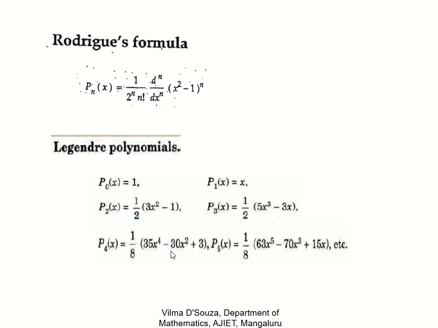So these are called Legendre polynomials. Remember, note down: P0 of x is equal to 1, P1 of x is equal to x, P2 of x is equal to half into (3x square minus 1), P3 of x is equal to half into (5x cube minus 3x), P4 of x is 1 by 8 into (35x to the power 4 minus 30x square plus 3), and so on.